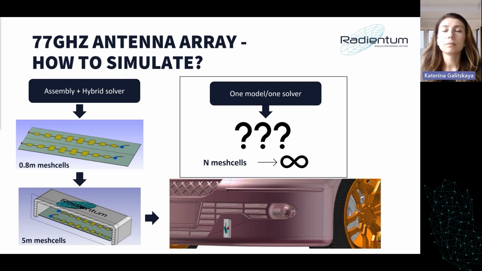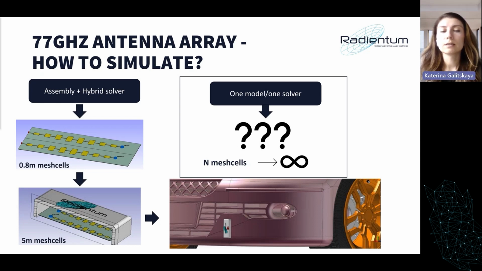The metal environment adds a lot of complexity, and the car is not just a metal box; it has a lot of different surfaces. So if you want to go with one solver, that will result in very, very dense meshing.